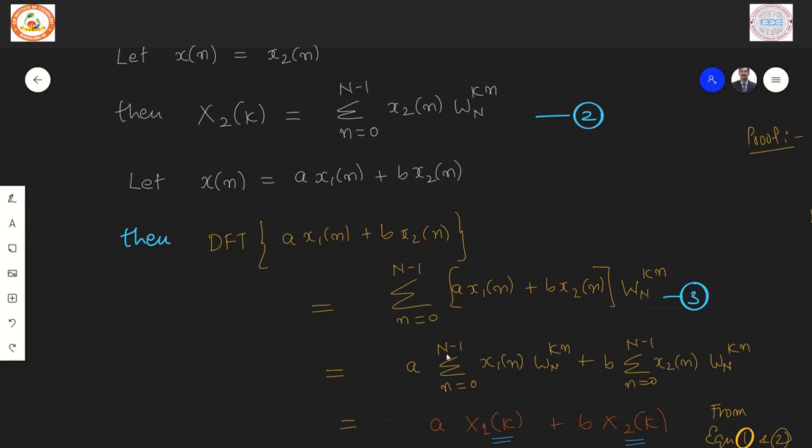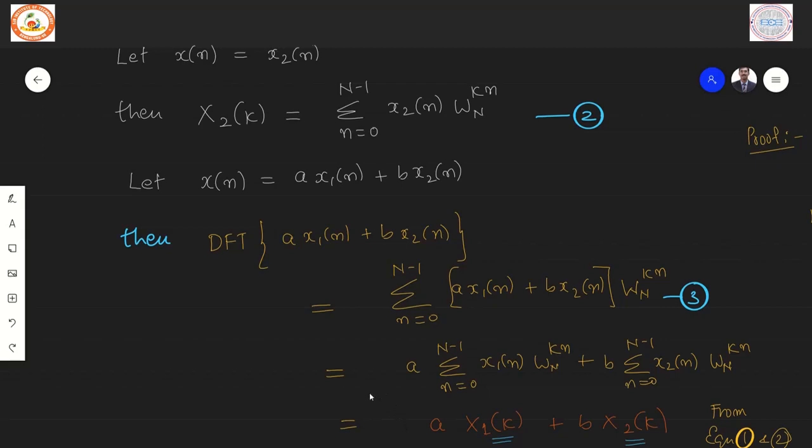Now, since the individual summations happen to be the DFT of x1 of n and x2 of n respectively, they can be expressed as capital X1 of k and capital X2 of k respectively. Therefore, the answer is what is shown here.